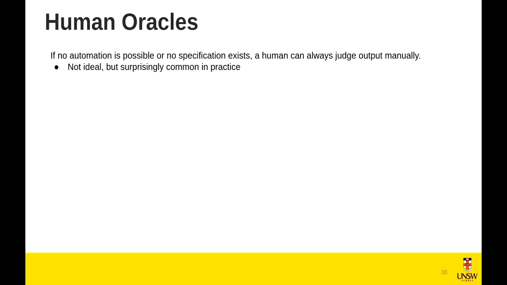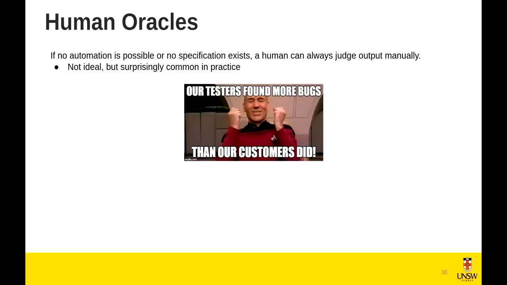So we have to involve a human as the judge to check whether this program has executed correctly or not. It is not ideal, but it is surprisingly common in practice. And normally, if you don't write tests, you may need to check for errors manually.